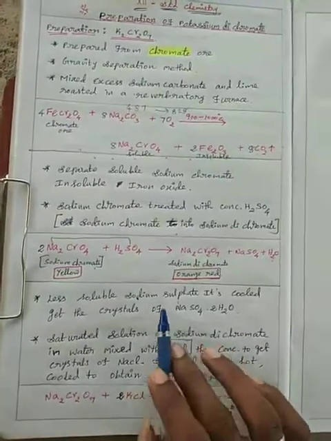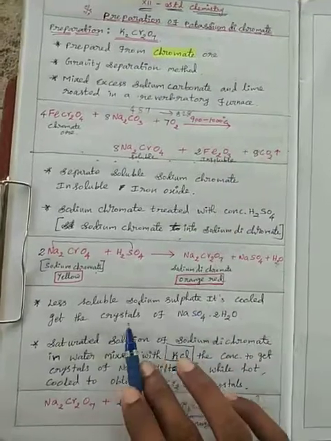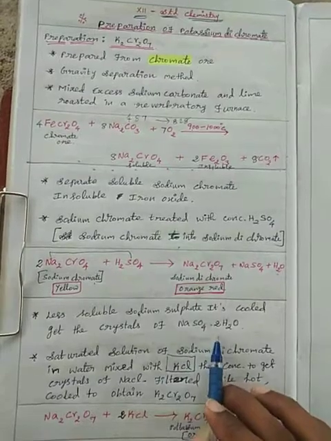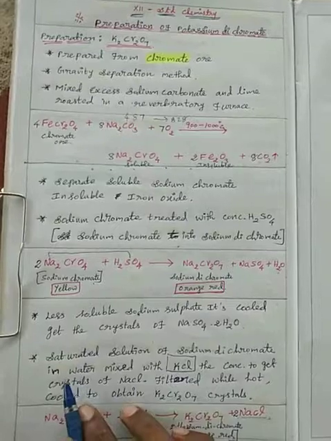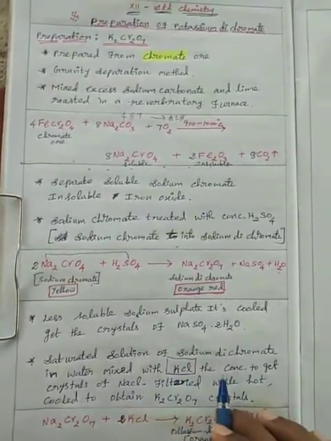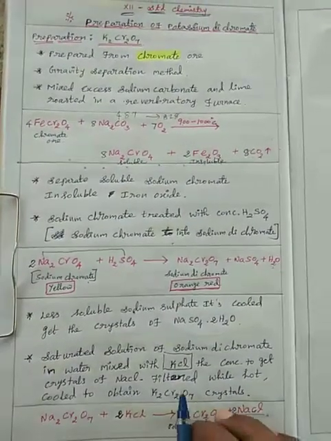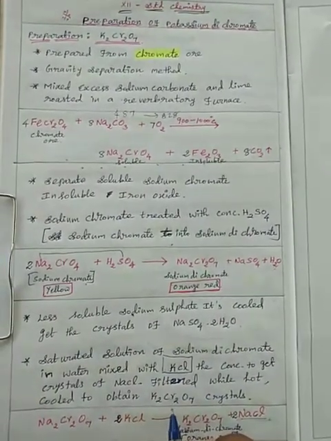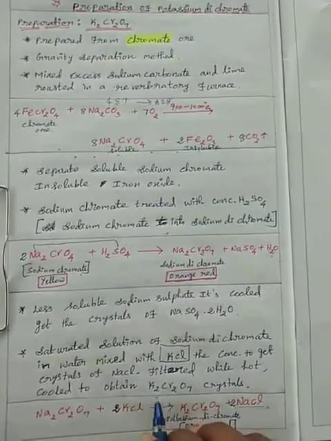The less soluble sodium sulfate liquid gets cooled and forms sodium sulfate dihydrate crystals. The saturated sodium dichromate solution is mixed with water and potassium chloride, and on concentration the sodium chloride crystals are obtained. The other one, while hot, is cooled to obtain orange red crystals of potassium dichromate.